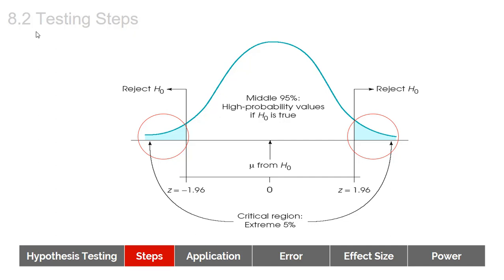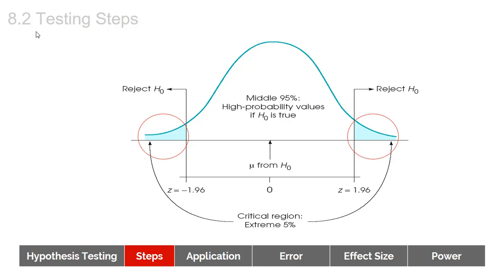Any z-scores above 1.96 or below negative 1.96 we would consider to be very extreme. So we call this the critical region. We say that these are such low probability events that we are going to reject the null hypothesis.